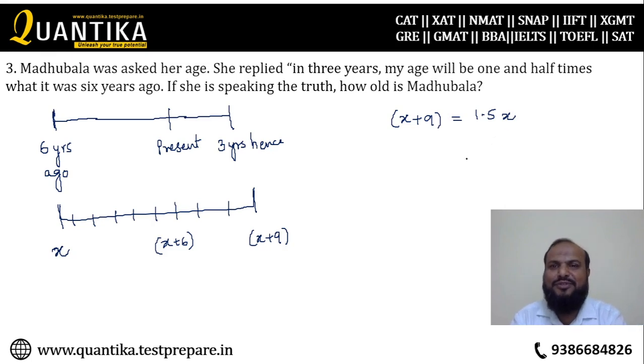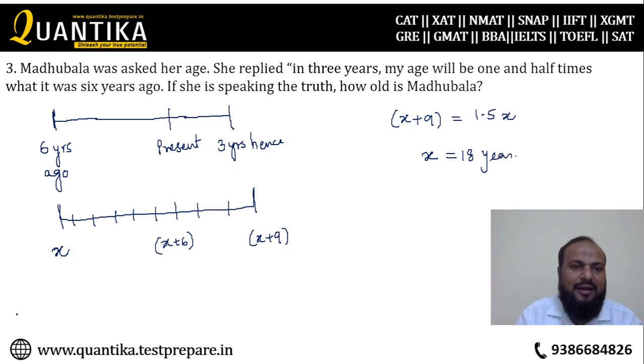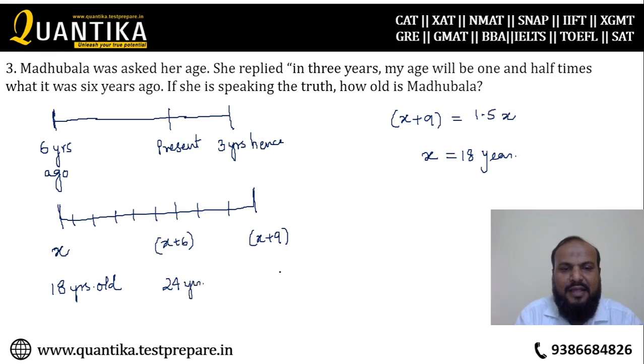Okay, so when you solve this, you get x is equal to 18 years. So Madhubala was 18 years old here and 24 years old here and 27 years old 3 years hence.